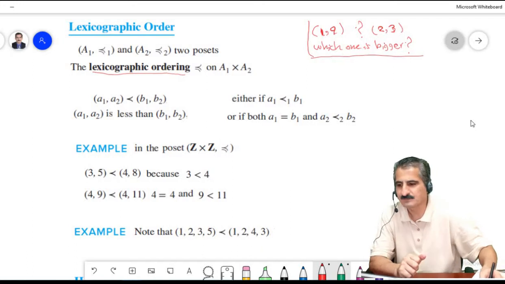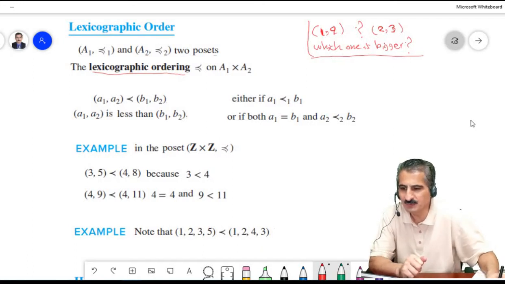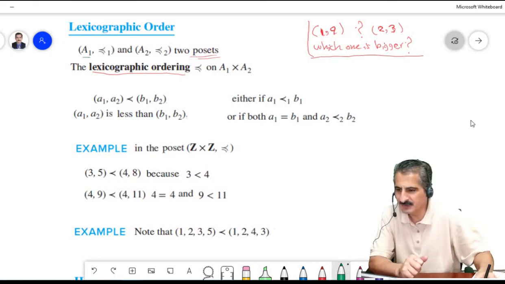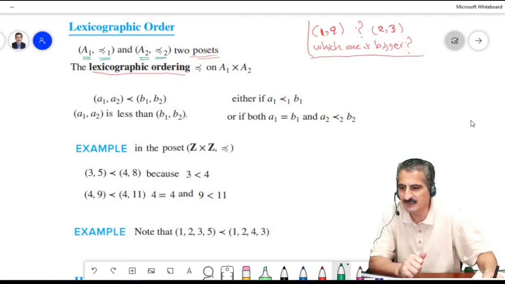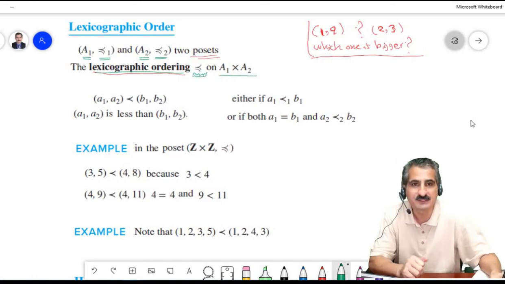Okay, now we start with two partially ordered sets. Pay attention here that we are bringing a set we call A1, which has its own partial order, and another set A2 with its own partial order. Lexicographical ordering defines an order on the cross product A1 cross A2.